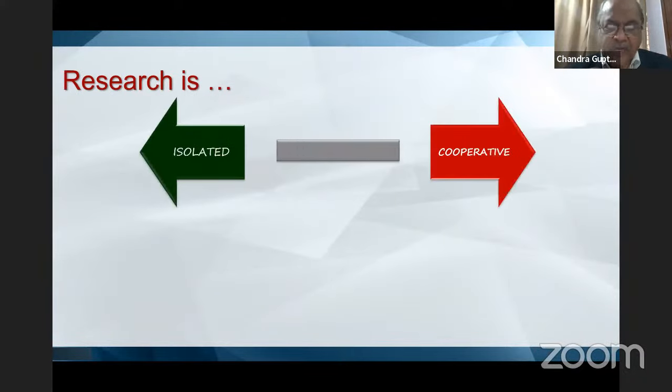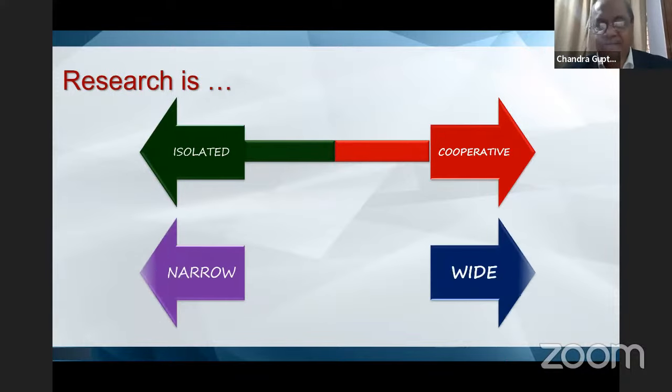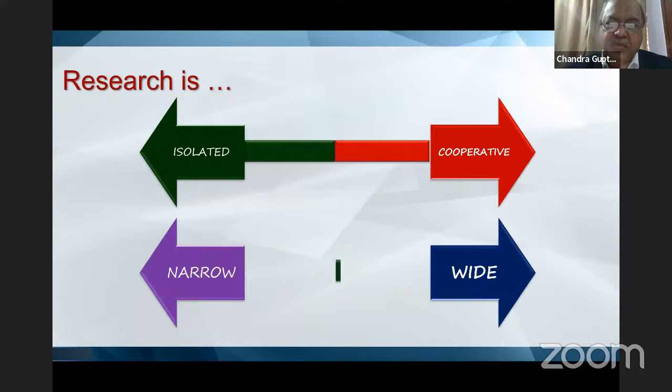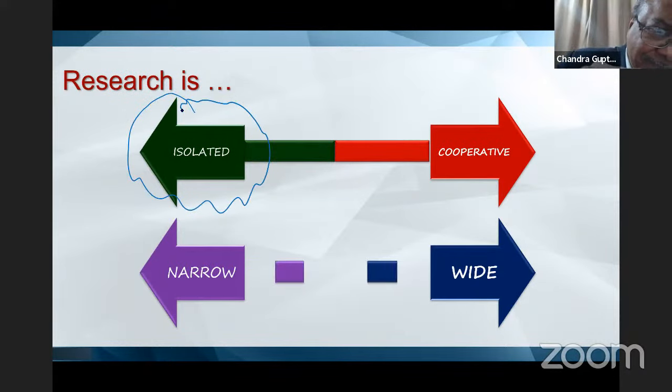And when we talk about research, it is something that tosses you from one extreme to the other extreme. When I say one extreme to the other, it means research is an isolated venture, and at the same time, it's cooperative.